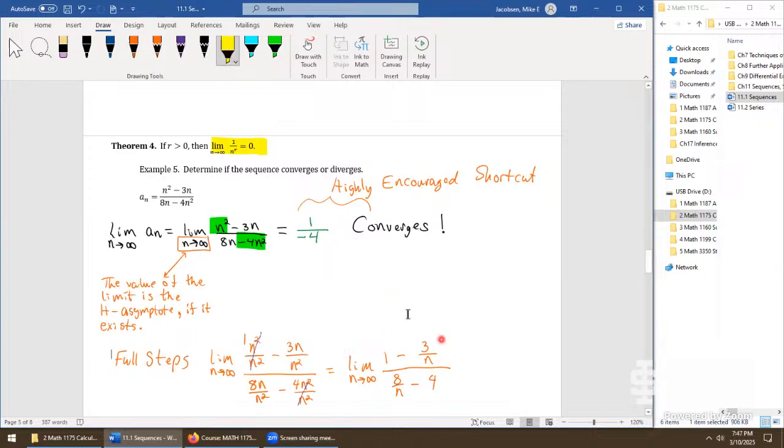Every term here that has n surviving, where the power on n is positive, is going to go to 0 in the limit. But the way to think about what this theorem is saying is, if you're taking the limit as n goes to infinity, and in this term the numerator is just constant 3, if the denominator grows without bound, it would just mean the whole thing converges to 0. It's getting smaller and smaller, and that's the essence of that theorem there.